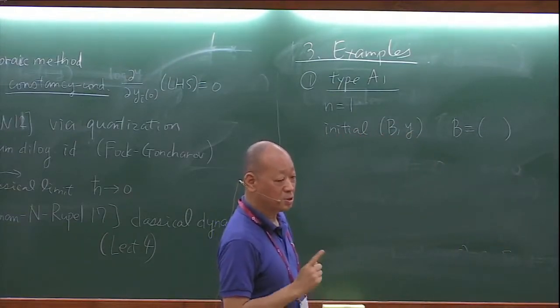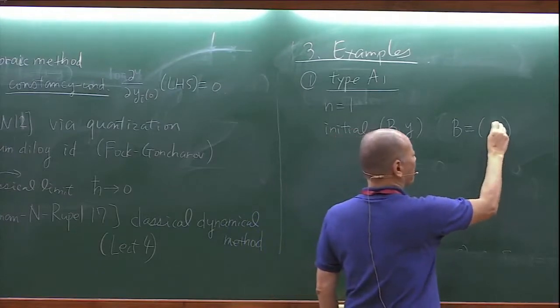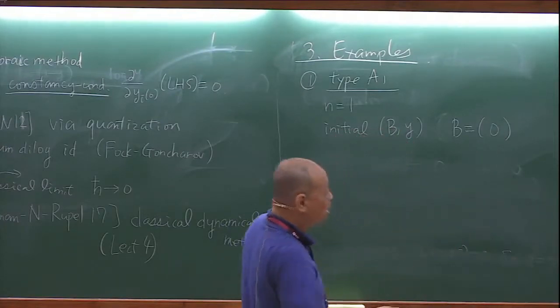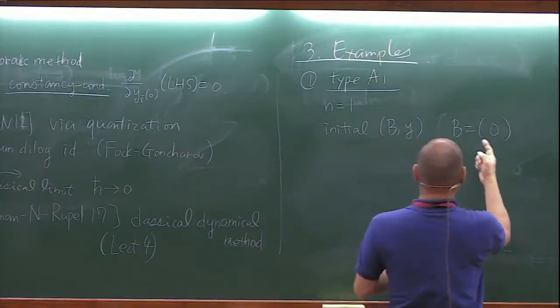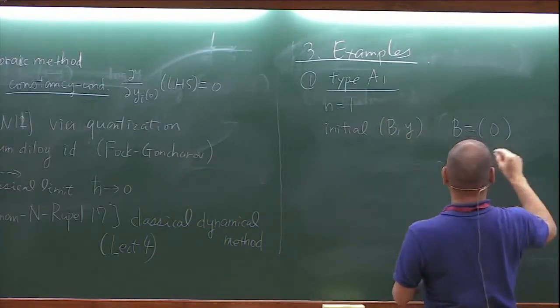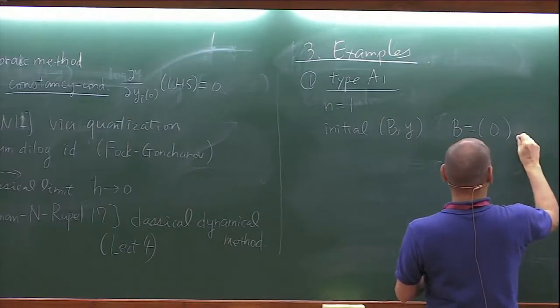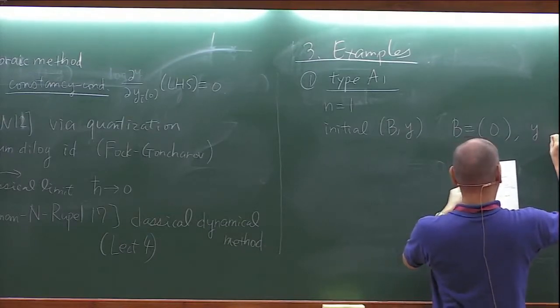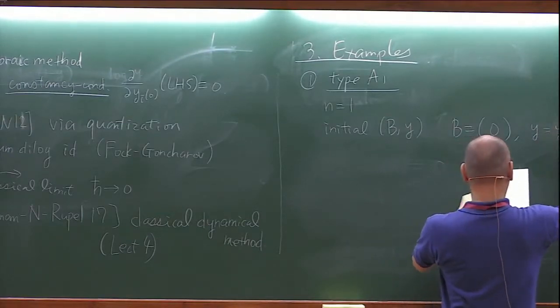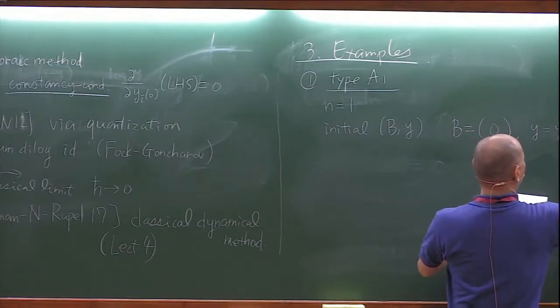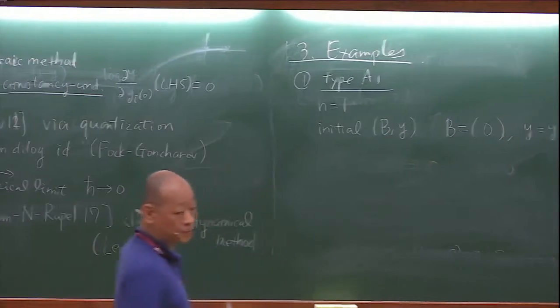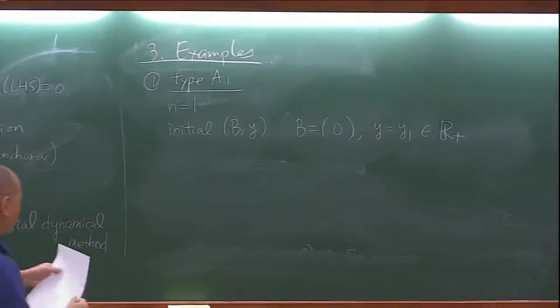There is no other choice than 0; the diagonal component is always 0. So this is the unique rank 1 skew-symmetrizable one, and y1 is one real positive number, arbitrary. So this is our starting point.